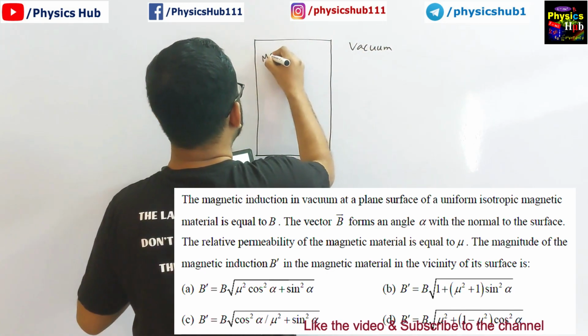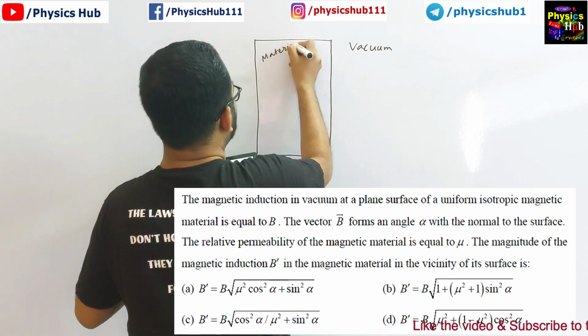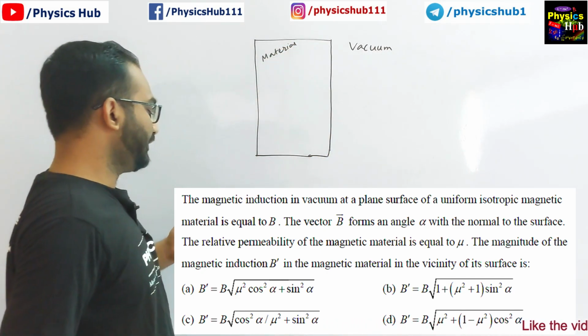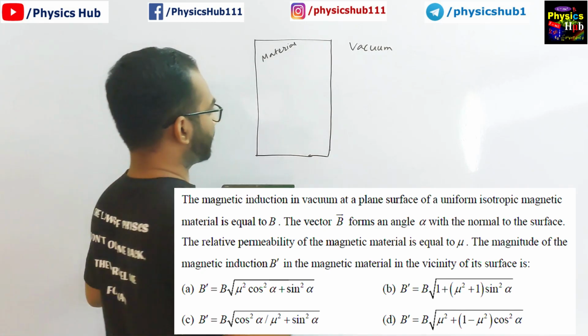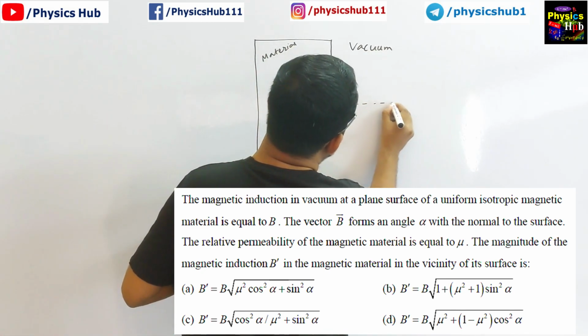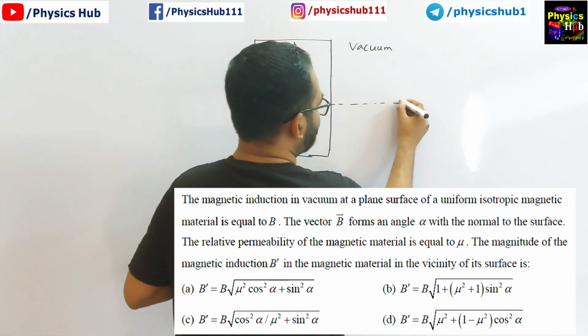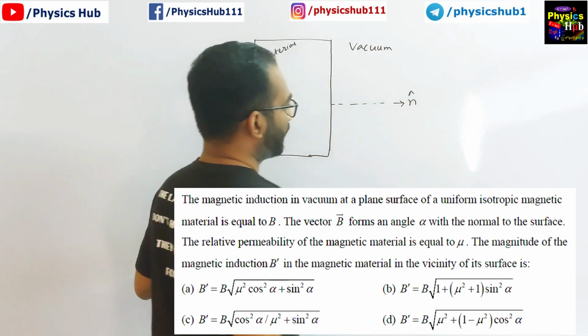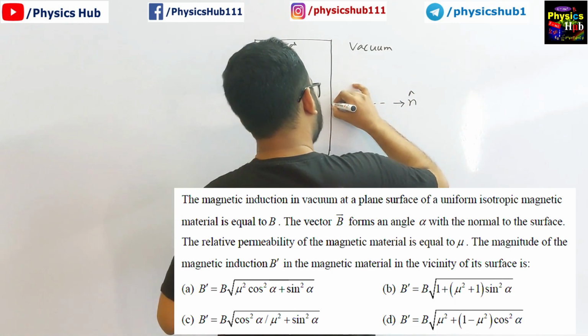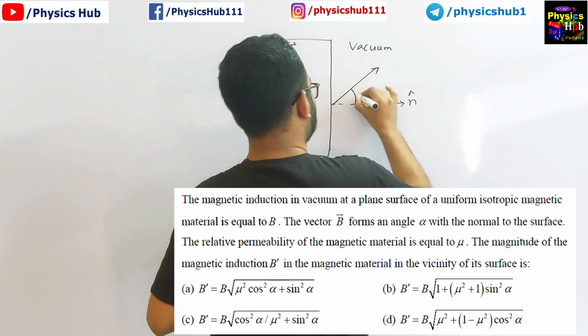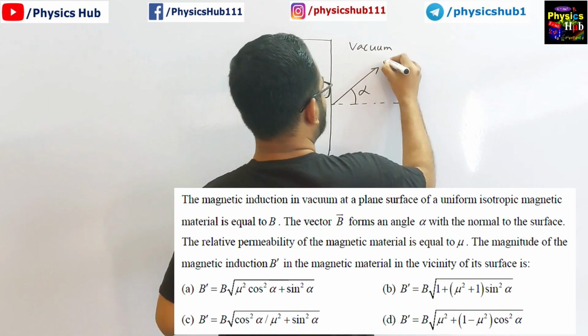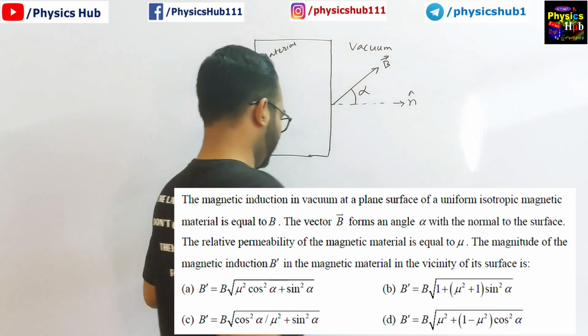So let's say this is the normal to the surface, n cap, and vector B is making an angle alpha with the normal to the surface.